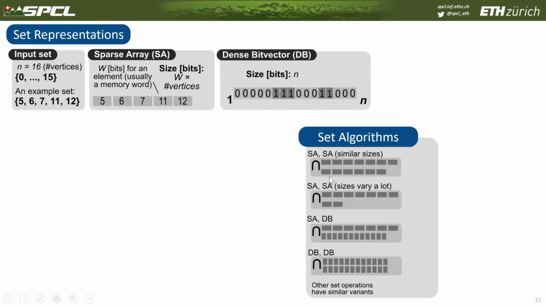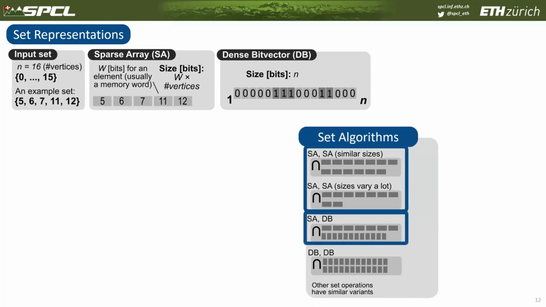Right? So let's say that we want to intersect 2 sets, that we want to run the set intersection. Now, depending on how we represent these input sets, we may want to execute different variants of a set intersection algorithm. For example, to intersect 2 sparse arrays, we are going to use different variants than whether we want to execute intersection of a sparse array and a dense bit vector, or whether we want to intersect 2 dense bit vectors.